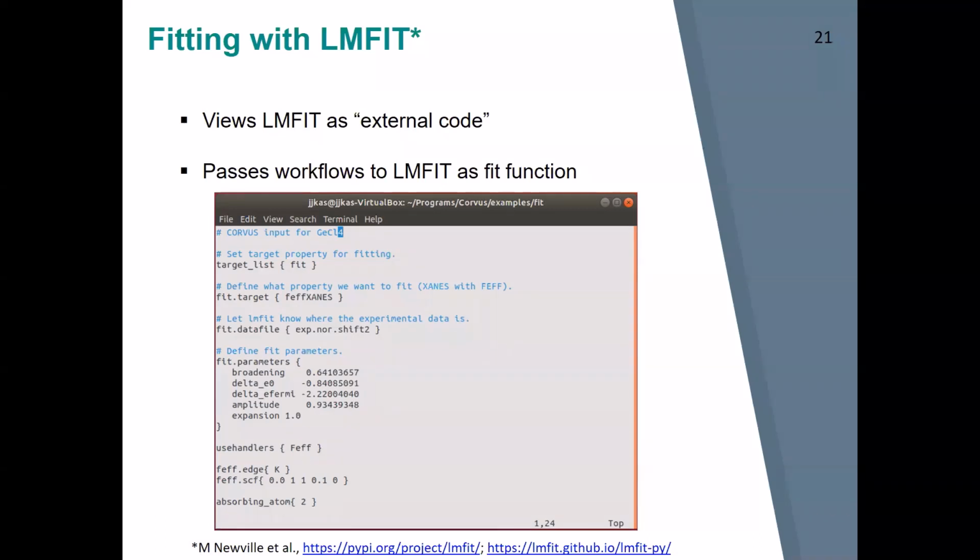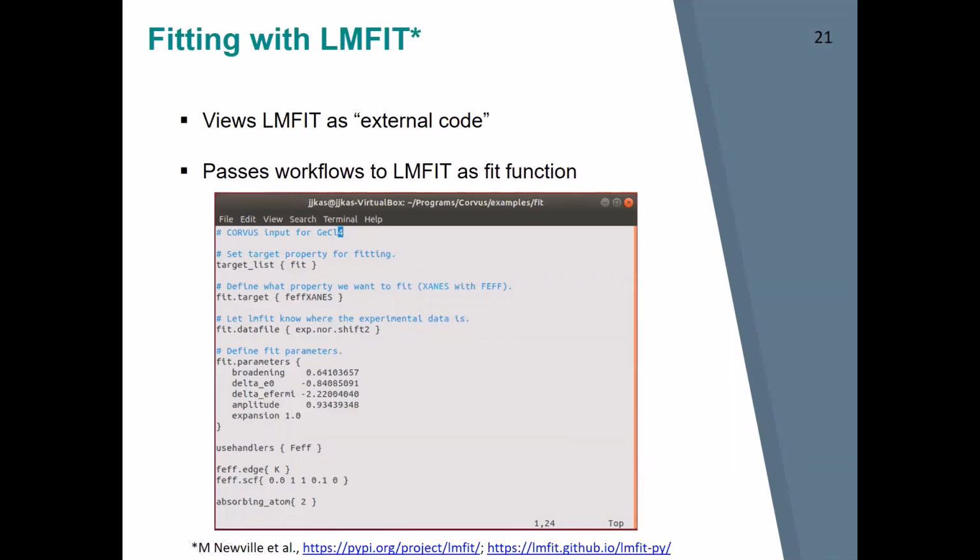So just to see an example of this input, you would set a target property which you would state as a fit, right? And then you give the fit its own target property, which is going to fit the XANES, and in this case it's using FEFF. And then you let LMFIT know where the experimental data is and define some fit parameters here. This is pretty minimal. This is just for GeCl4.